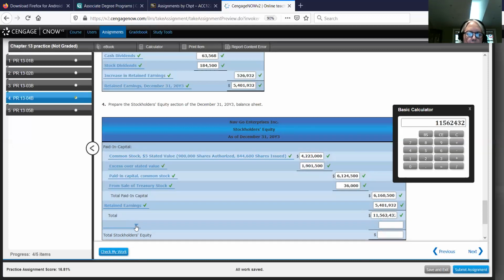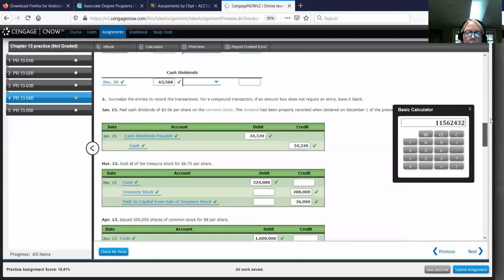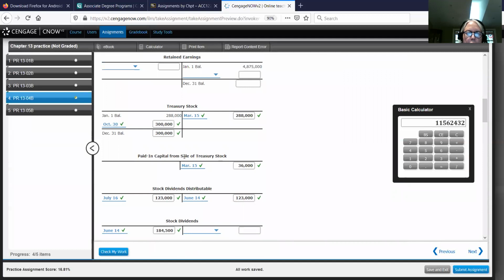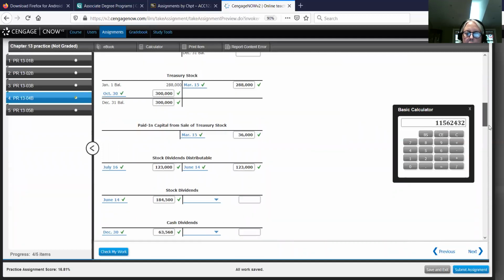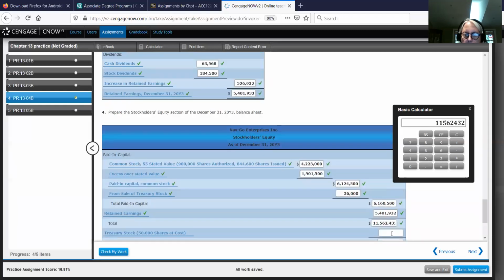Then the last thing that we're going to record is our treasury stock. Remember that treasury stock is a contra stockholders' equity account and really reduces the amount of our stockholders' equity. The balance of the treasury stock account was $300,000, and that $300,000 has to be recorded here because treasury stock is a contra stock account.